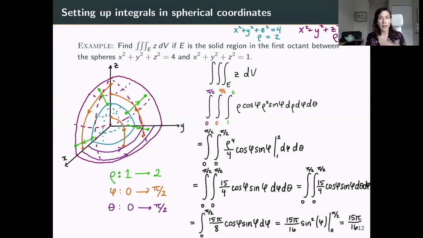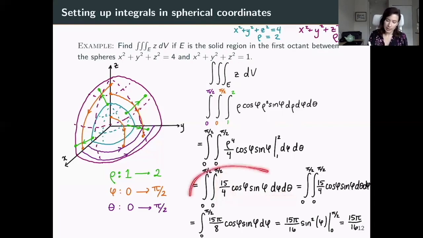For this integral, I chose to do something a little bit funky halfway between. So once I got down to evaluating in terms of d rho, we're integrating a rho cubed, so we're going to get a rho to the 4 over 4, and we're going to have a d rho d theta, which will end up, after a little bit of arithmetic, giving us 15 over 4 cos phi sine phi d phi d theta.